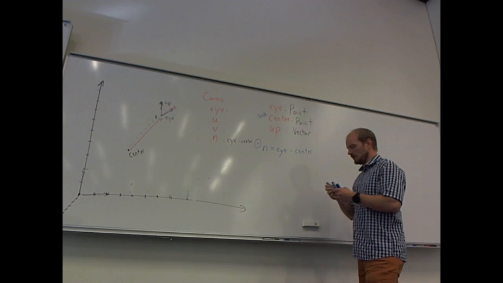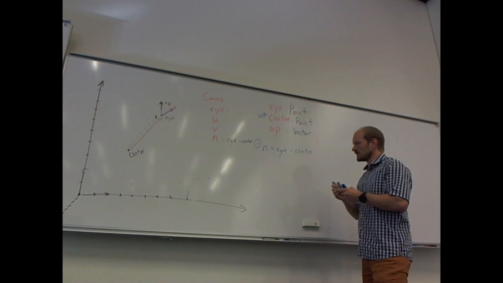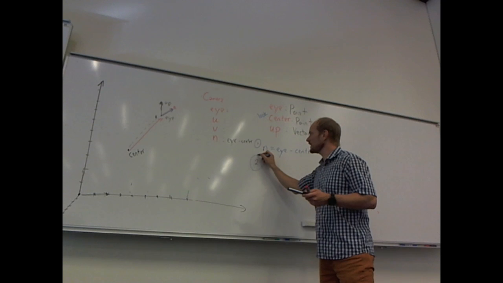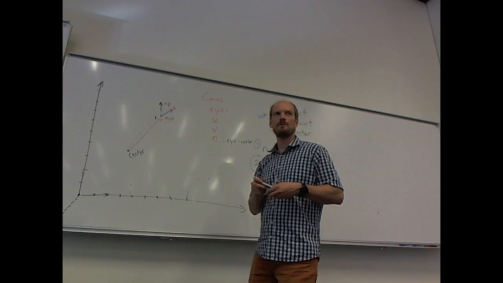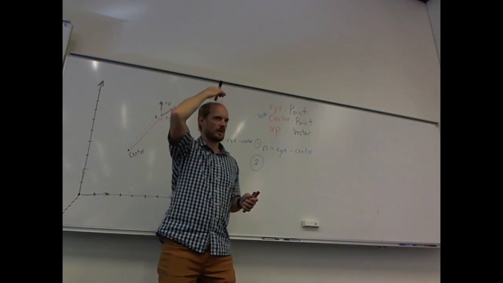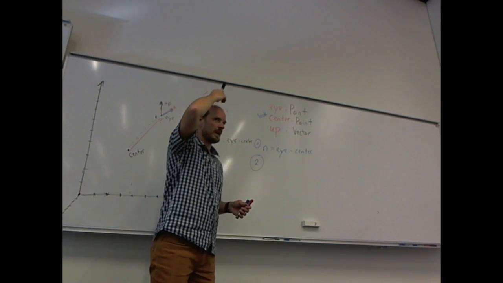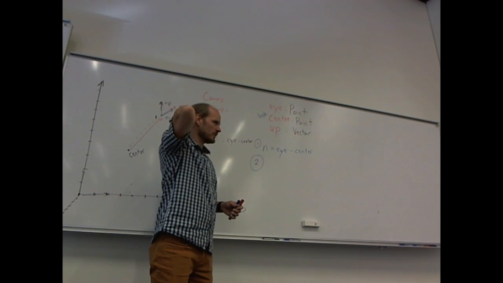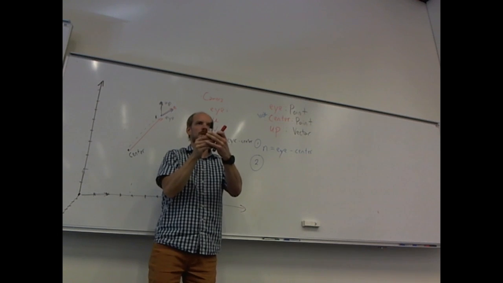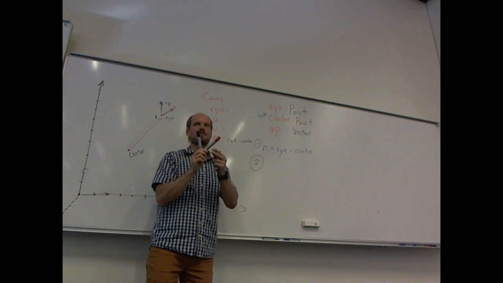Okay, so what's going to be our step 2 here? What's the next one I can calculate? Do you feel I can calculate v, the one that's directly up? So I have one that's directly up from the camera. I've already calculated one that's directly backwards, and I have one that's kind of general purpose up. What would the cross product of these two give me?